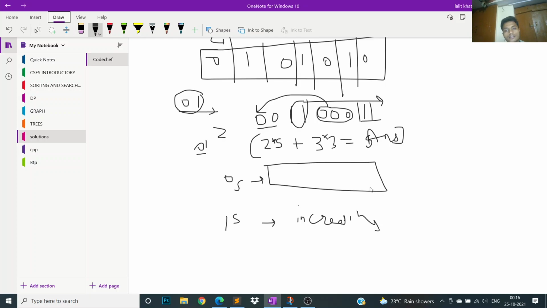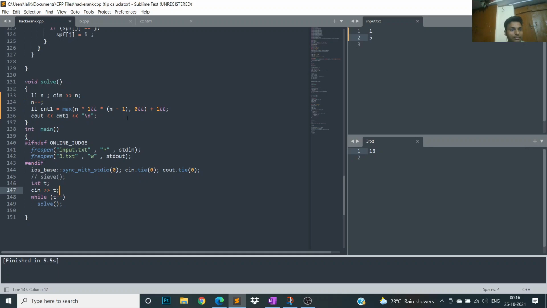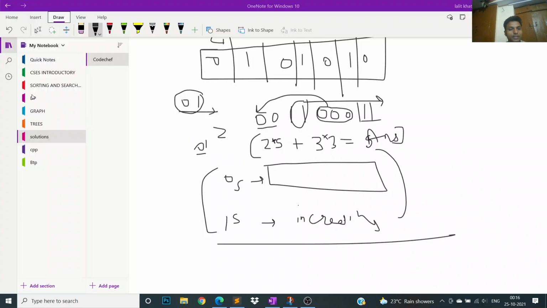That's the answer. This is simple, so I can code it for you, but it is not submitting, but this is the correct answer.